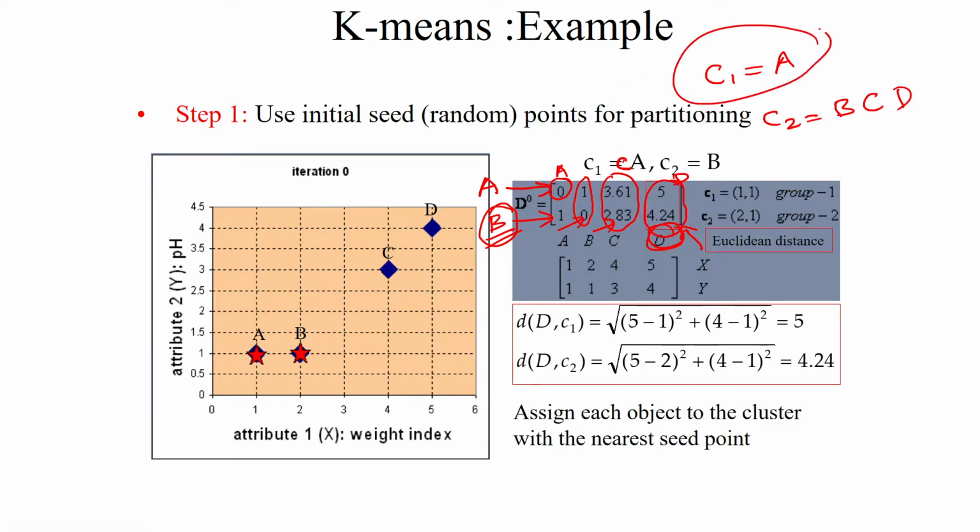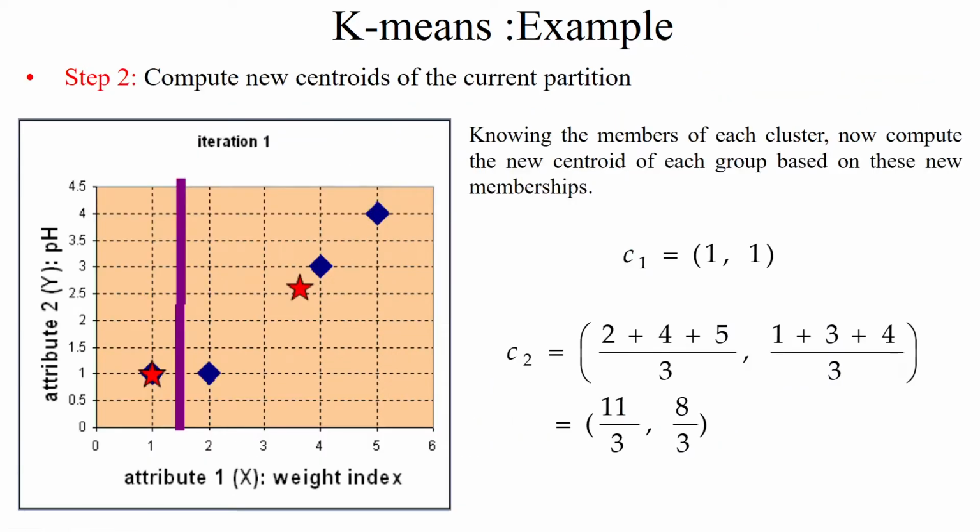Cluster 1 has only one data point, A. Cluster 2 has three data points: B, C, and D. You can see in this plot that A is the only data point in its cluster.